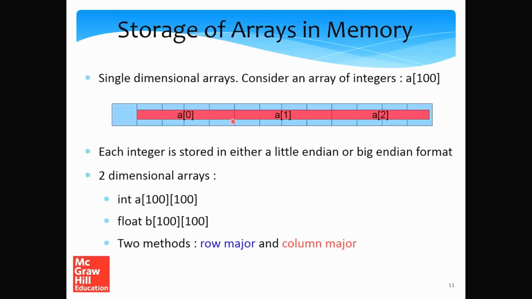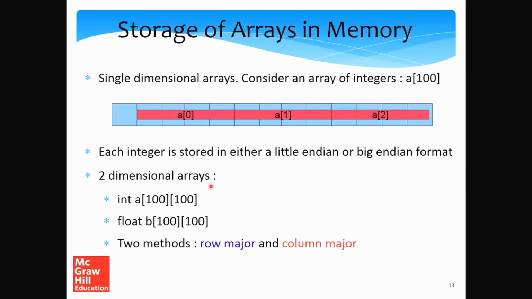Then in a consecutive location we store a1 and a2 and a3 and so on. So if one integer is 4 bytes, the entire array would take 400 bytes, and we save the integers in consecutive memory locations. And each integer is stored in either a little endian or a big endian format depending upon the convention followed by the processor.